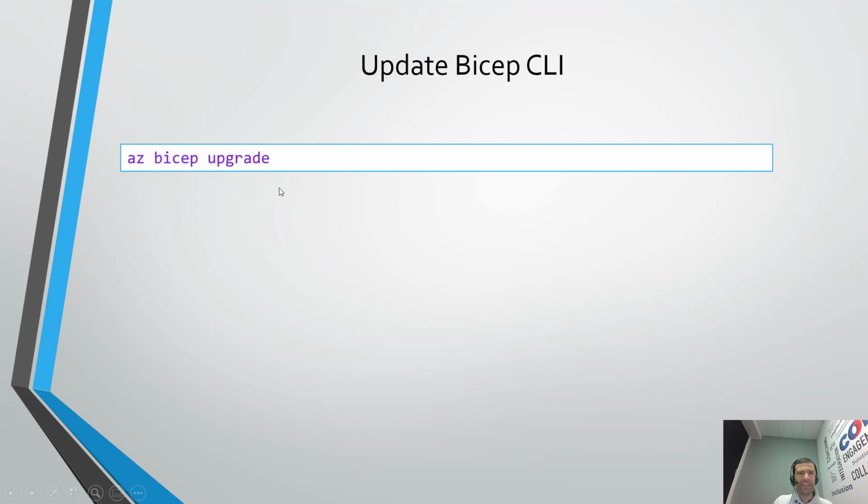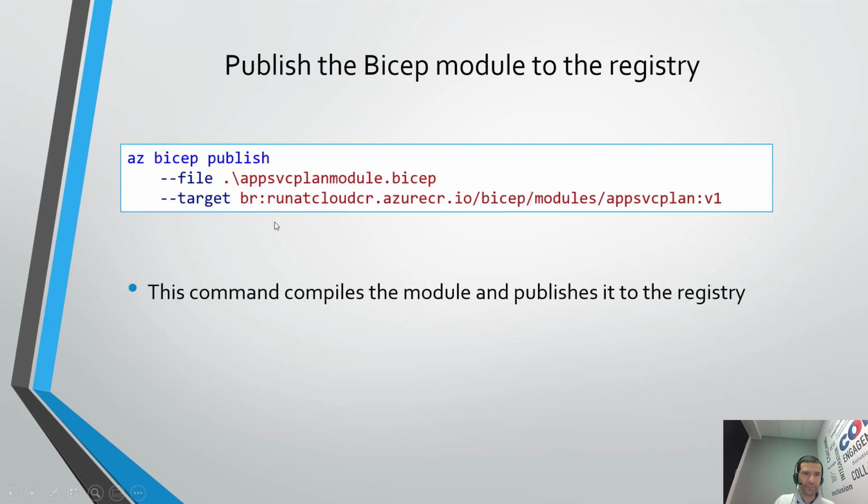One thing you may want to do is to upgrade your Bicep installation. You can do it through this command, az bicep upgrade. And finally, we will publish our newly created module to the registry. So we can use the az bicep publish command, specifying the Bicep module file and the target registry on which we want to publish.